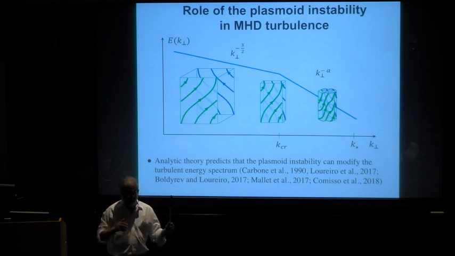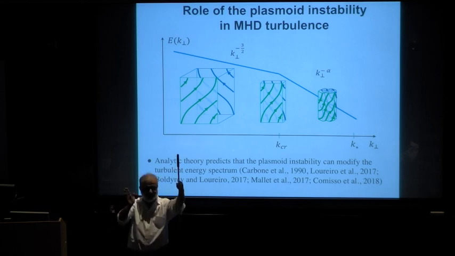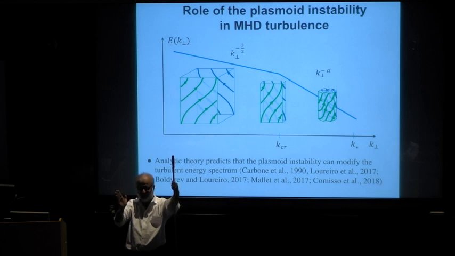In a collisionless plasma, it is widely believed that that inertial range breaks eventually at a kinetic scale. And the kinetic scale could be an ion skin depth. Beyond that, there is electron skin depth. So the MHD scale occurs only over a certain range until dissipation comes in.